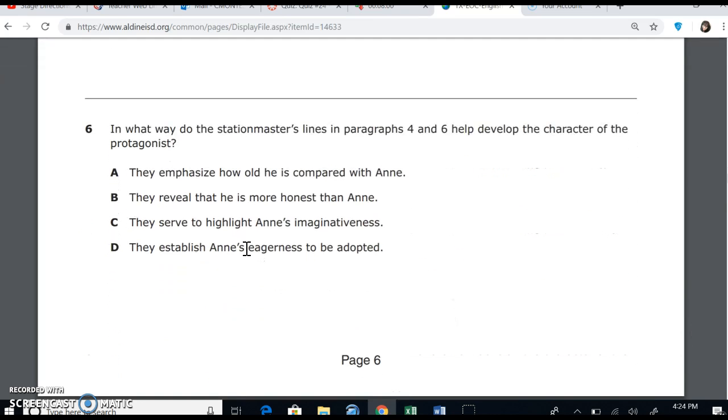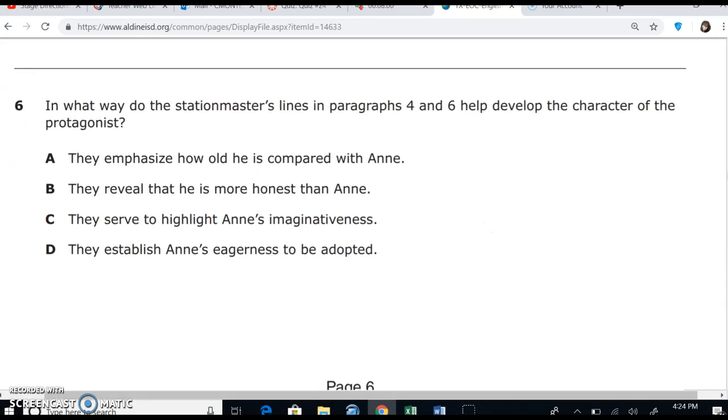Okay, let's look at number 6. In what way do the station master's lines in paragraphs 4 and 6 help develop the character of the protagonist? Remember yesterday's video, we saw a protagonist is the main character of the selection. And we're looking at specifically the station master's lines in paragraphs 4 and 6.